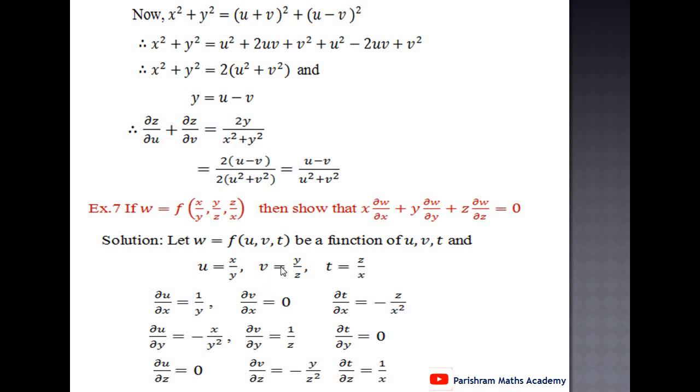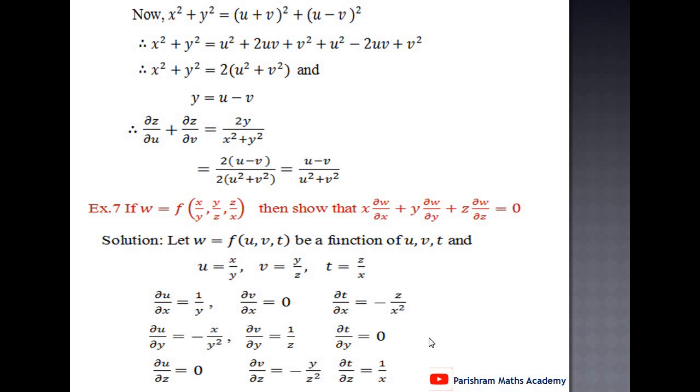Derivative of v with respect to x is 0. Derivative of v with respect to y, derivative of y is 1 upon z constant, and derivative of v with respect to z, derivative of 1/z is −1/z², therefore −y/z². Then derivative of t with respect to x, derivative of 1/x is −1/x², therefore −z/x². Derivative of t with respect to y is 0, and derivative of t with respect to z is 1/x.